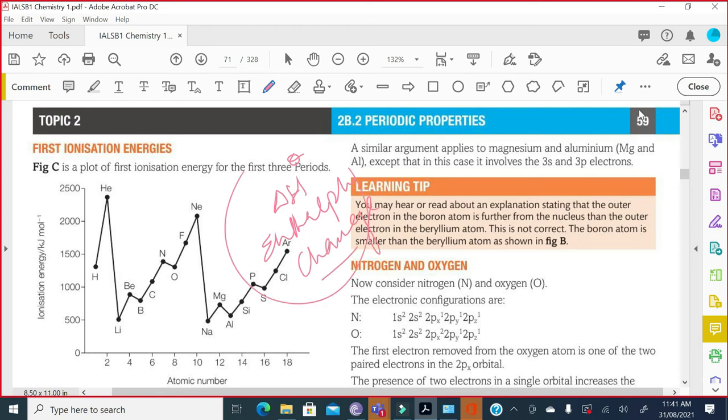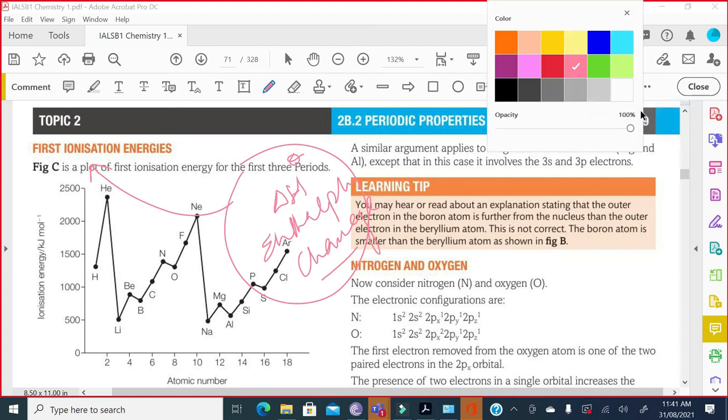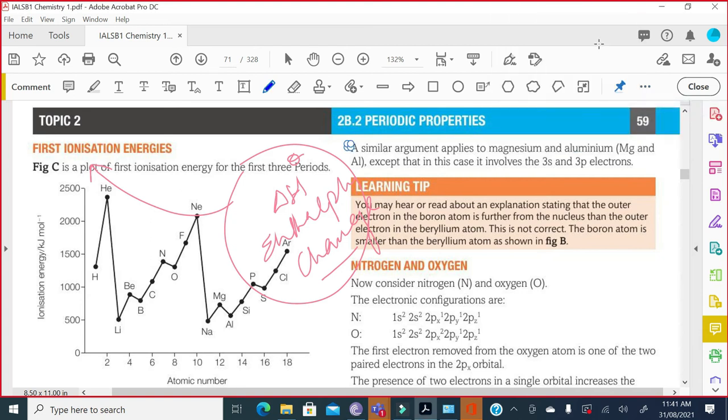Now ionization energy is actually an enthalpy change. When I'm defining ionization energy as an enthalpy change, look here, there is a sign on it. This sign is called phi, the mathematical sign phi, or people call it sigma as well.